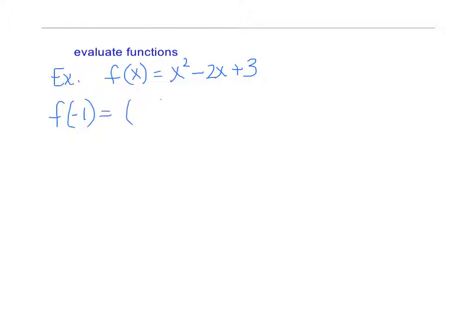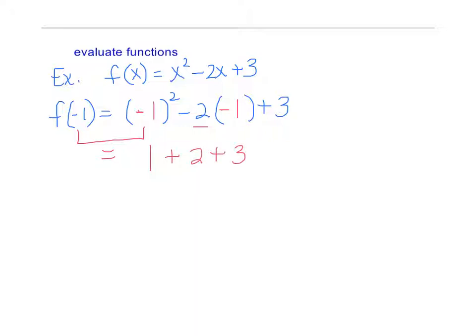Everywhere there's a variable, I'm going to put parentheses so that I can fill in. This negative 1 is going to go here and here. All right. Negative 1 times negative 1 is positive 1. Negative 2 times negative 1 is positive 2, and then the plus 3. So I have 5 plus 1, which is 6.